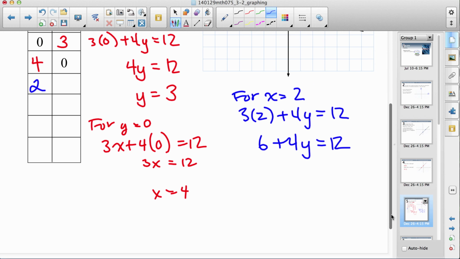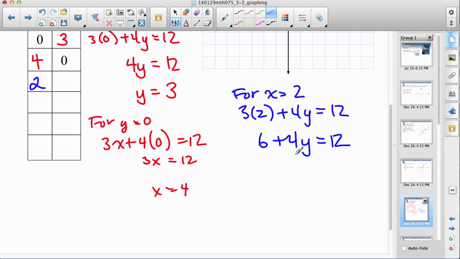Again, just practicing our addition property, multiplication property, all the rest. Subtract 6 on both sides, so I get 4y equal to 6, and divide both sides by 4, and I get 6 over 4. If I simplify that, that's 3 over 2. And just to give it a decimal, so I have a ballpark on the graph, about 1.5.